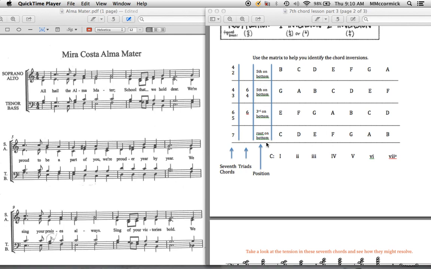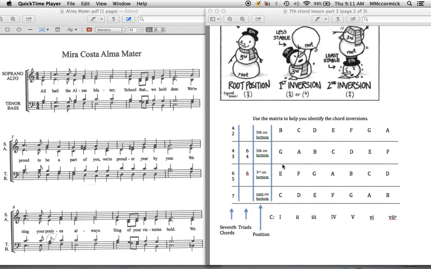Right? And so, let's go back to the snowman here for a minute, and let's say that we saw a C major chord, but the E was the bottommost note of that chord. Well, if it were a triad, you could go right over here to the triad column and be reminded that the number to represent that is a 6.